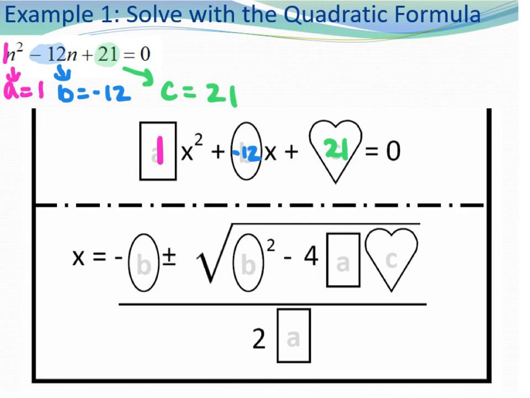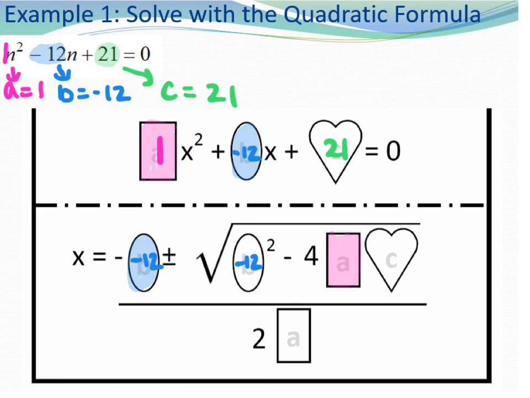And then from there, I'm substituting into the formula. So it's x equals the opposite of the oval, which is the value of b from above, so I can fill in a negative 12, plus or minus the square root of the oval squared, or the b squared, so it's negative 12, minus 4 times the box, which is the value of a, and in this case the value of a is 1.